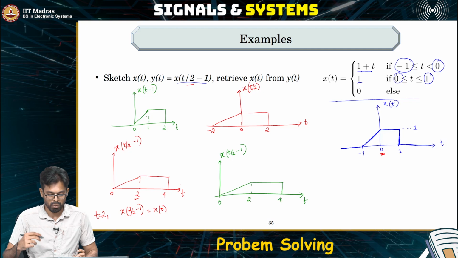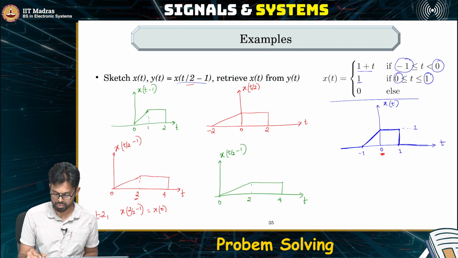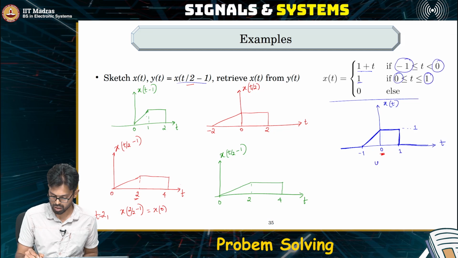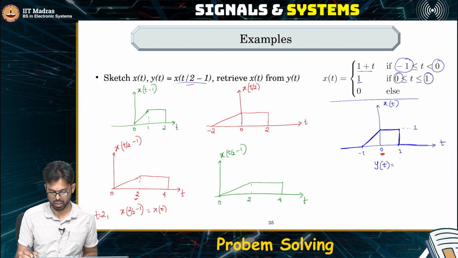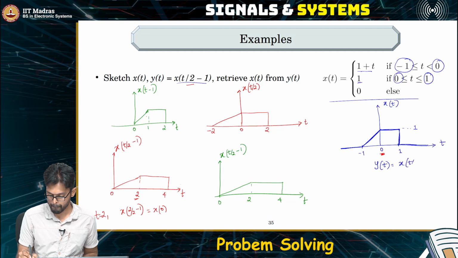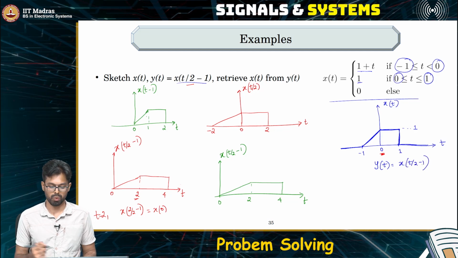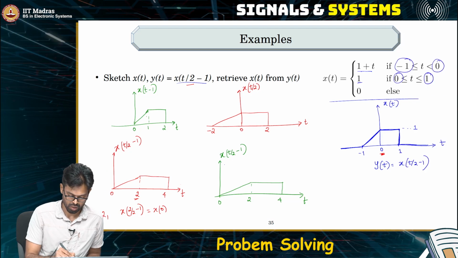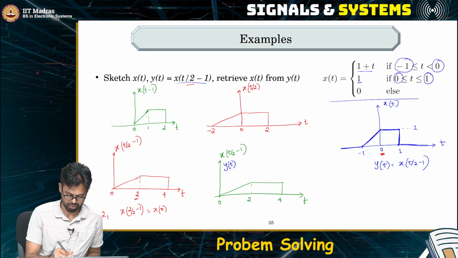Now let's say that y of t is equal to x of a t plus b. In other words, what we have plotted here is not just x of t, it is also y of t.